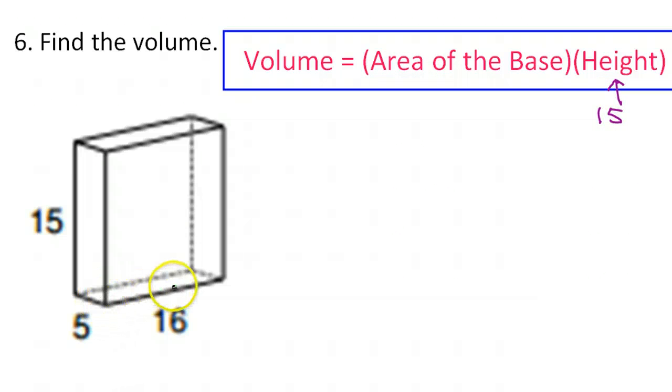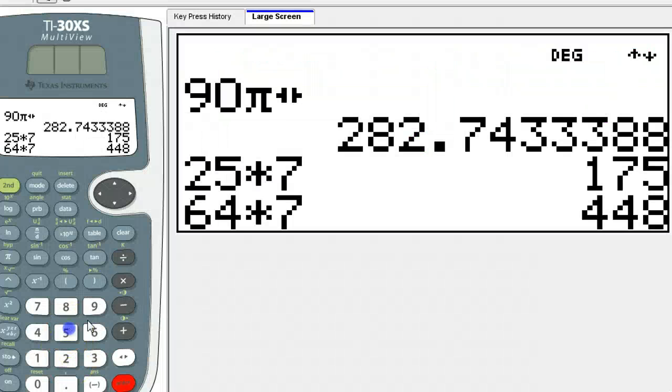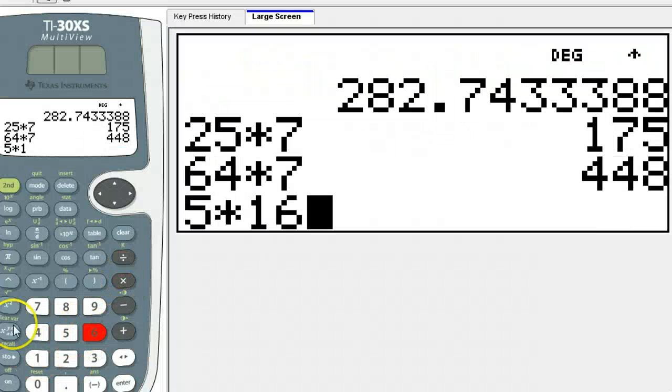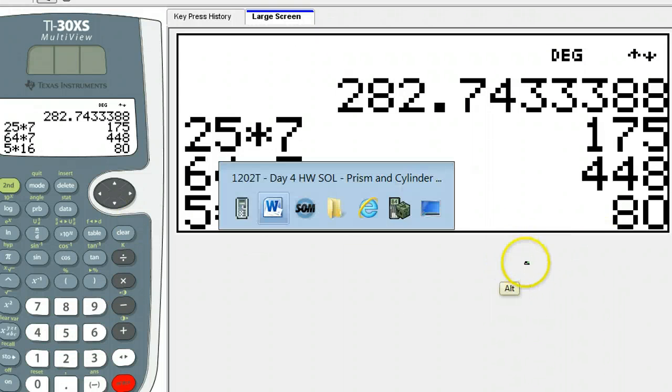Well, the base is a rectangle, and hopefully you know that the area of a rectangle is length times width. So in this case, that's 5 times 16. And 5 times 16, of course, is 80. Wait, we did that before, didn't we?